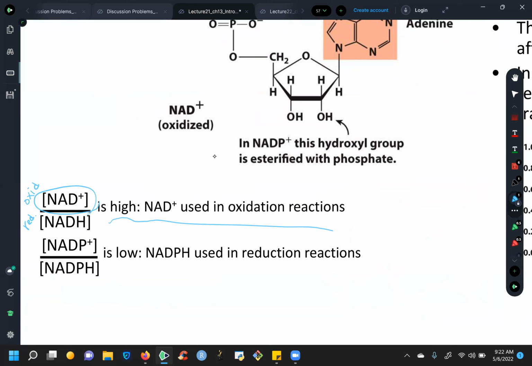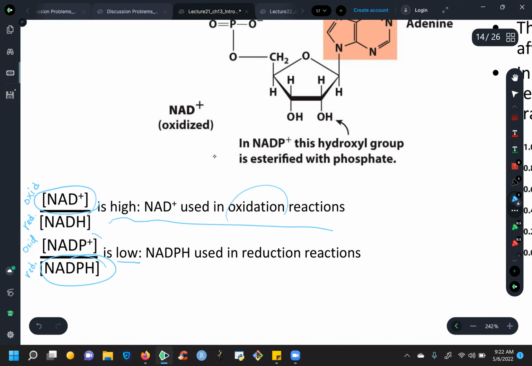NAD plus is used in oxidation reactions. And then over here, the ratio of NADP plus to NADPH. So again, this is the oxidized versus the reduced, is low. So that means that there's more of this guy. So NADPH is used in reduction reactions.